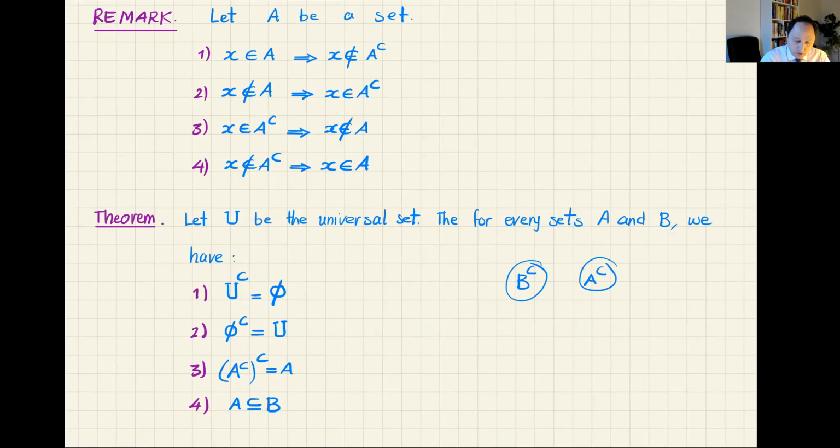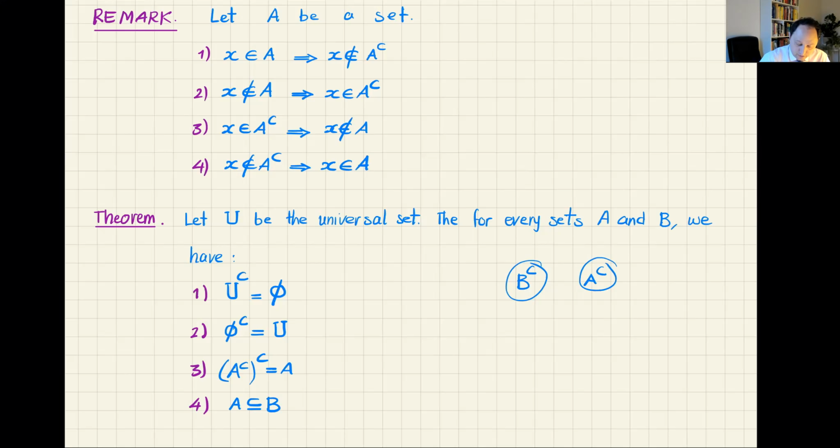So I know that a set is a subset of another set. Based on this assumption, I want to know the relation between the complements of these two sets. Do you have any? Yes, the complement of B is a subset of the complement of A.